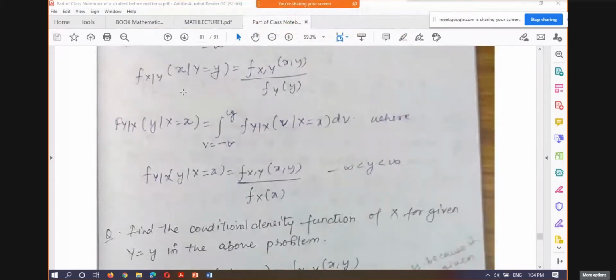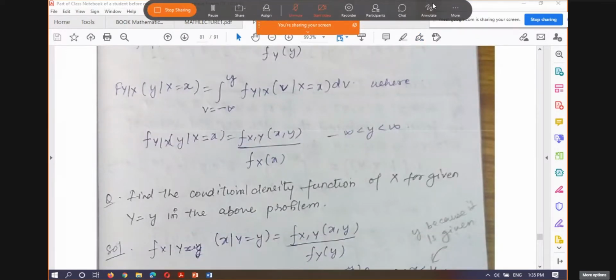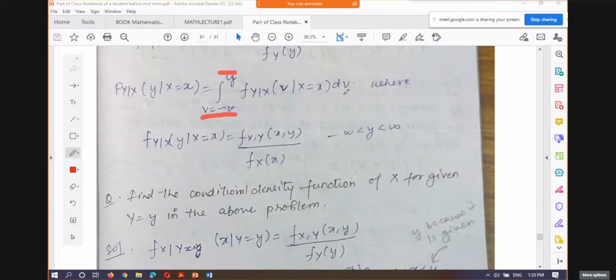This is the conditional distribution function of y given x equals small x. Here also, we are integrating from minus infinity to y, dv, where x equals small x is fixed, and this variable v is moving, and this is y.